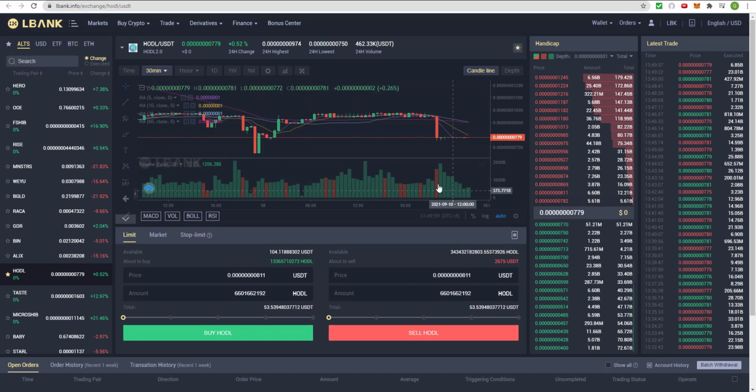This is where the takers come in and take it from the makers that are putting it out there. Vice versa, if I want to sell, I could sell it to anybody here. And here is where the latest trades are. The last buy was at 780.